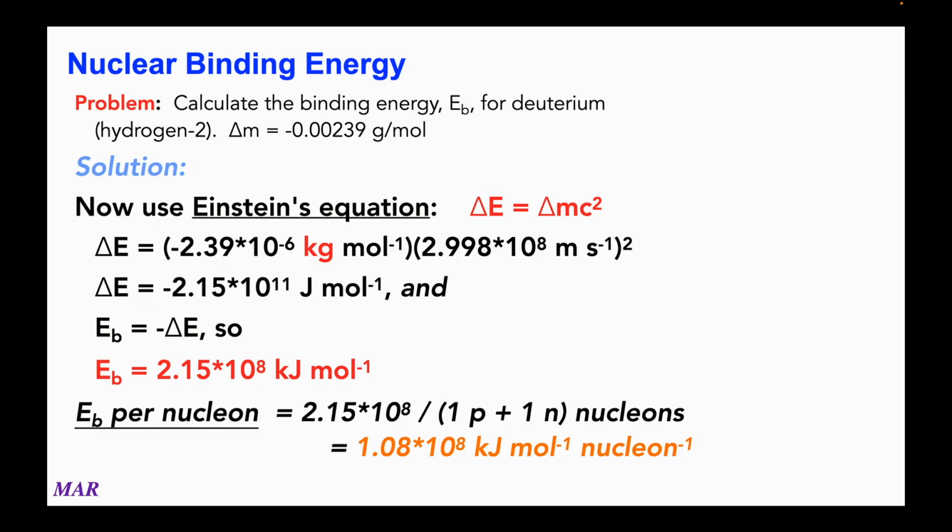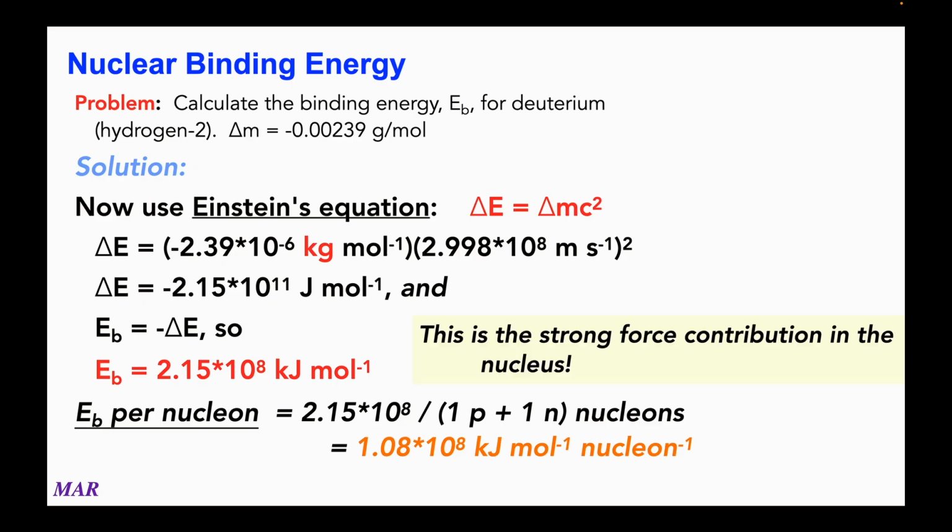So for every nucleon you put in, you get that 1.08 times 10 to the 8th kilojoules per mole out. This is literally the strong force contribution to the nucleus. It tells you how much energy has been saved, and it's considerable. 10 to the 8th kilojoules per mole per nucleon is a huge savings. This is what the strong force does.